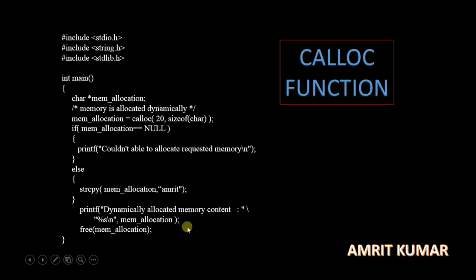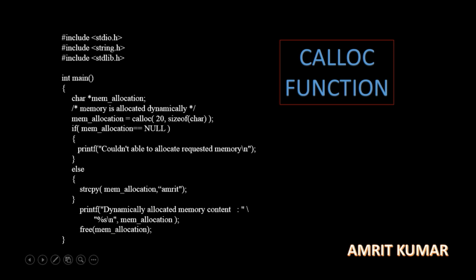So this is the way of assigning a string, or the contents, in dynamic memory allocation. After that, I am using the free function, which frees up the memory that was dynamically allocated. This is how the calloc function works in C language.